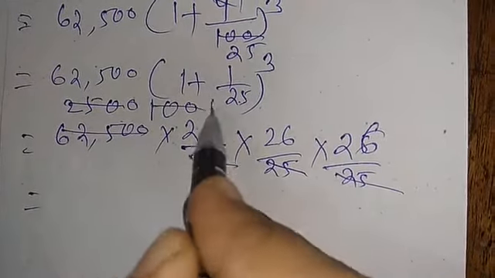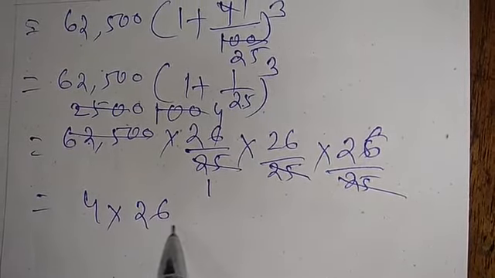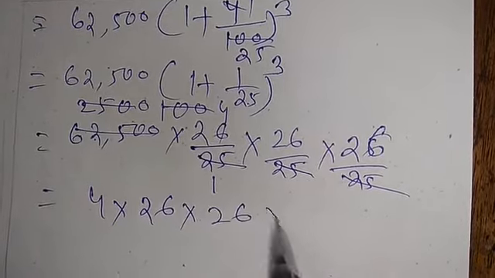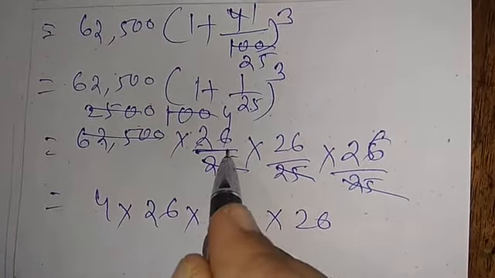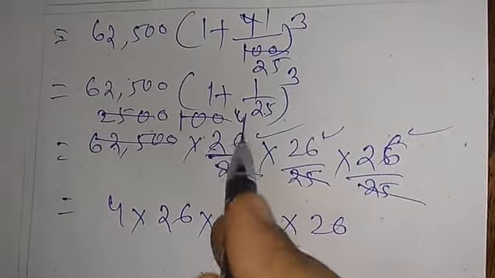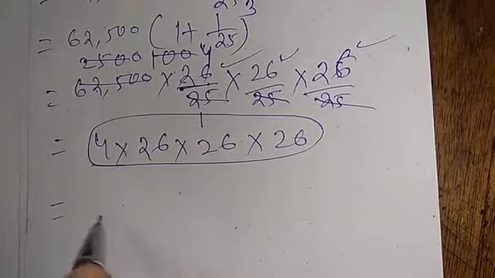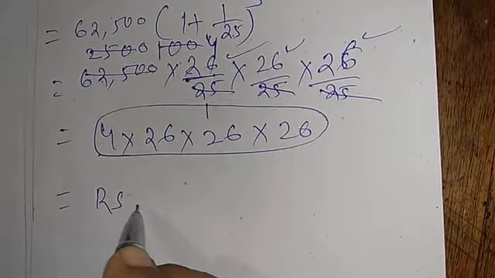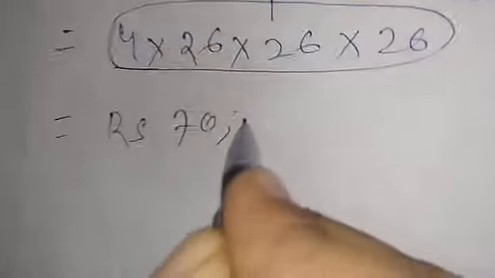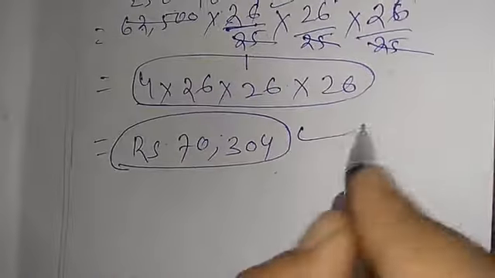Again 25 4 is 100, means 4 into 26 into 26 into 26, 3 times. So we multiply and we get 70,304. This one is the amount.